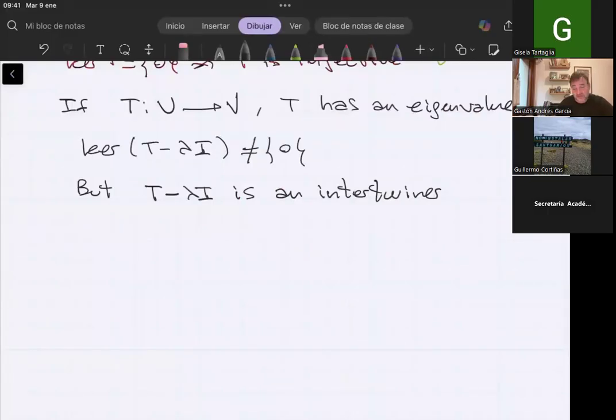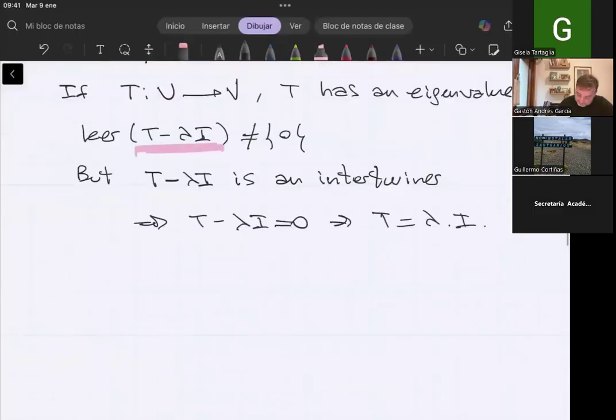So by what we did before, this is 0 or an isomorphism. But it is not an isomorphism because the kernel is not 0, so it has to be the 0 map. So T is lambda times the identity. And this is the proof.